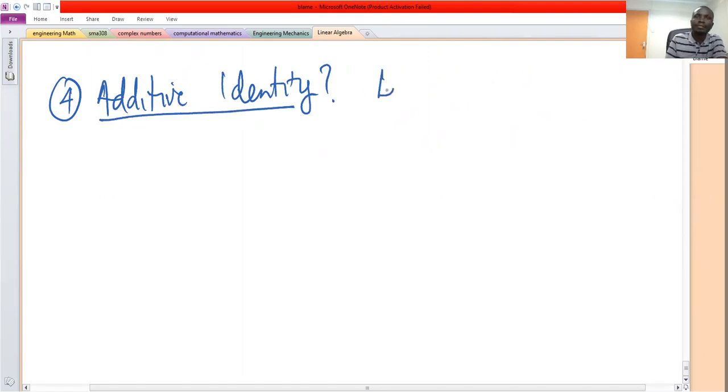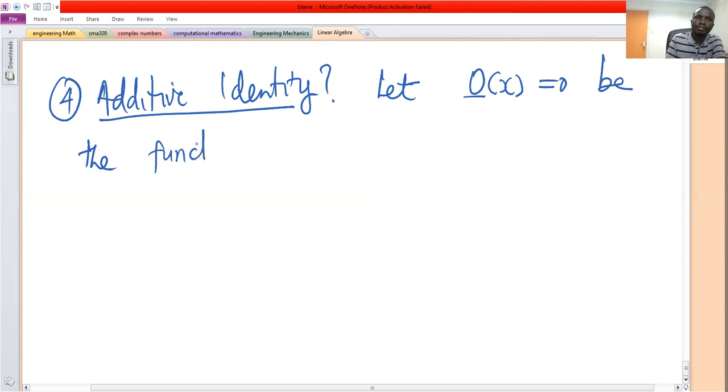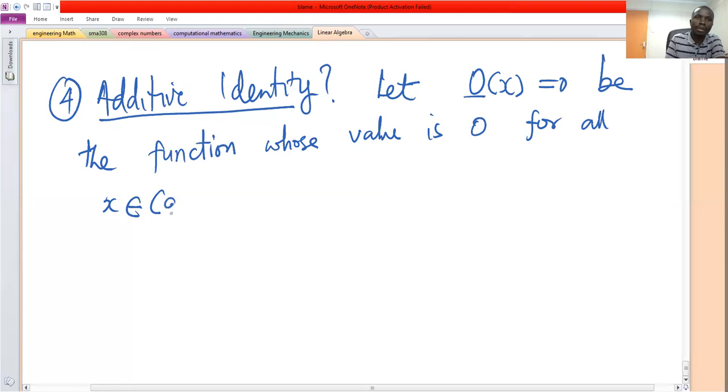Now let us denote by 0 the function whose value is 0 for all values of X in the open interval AB.